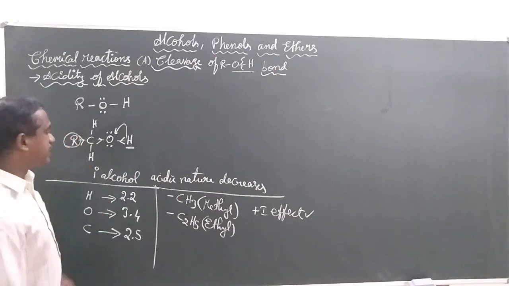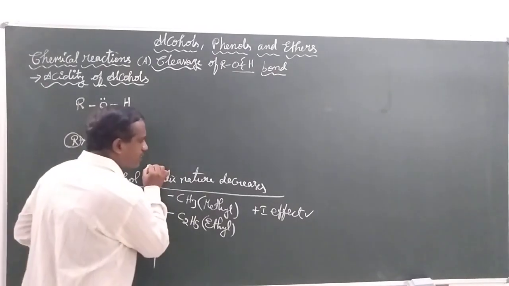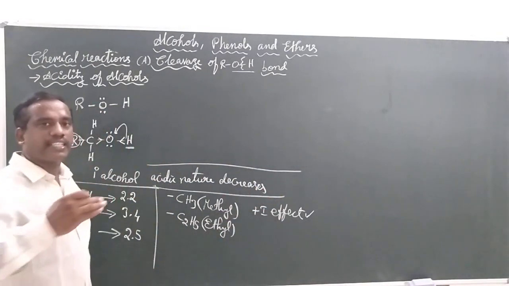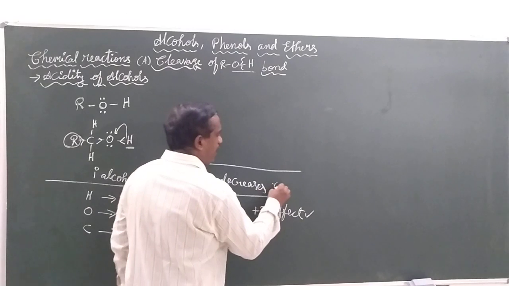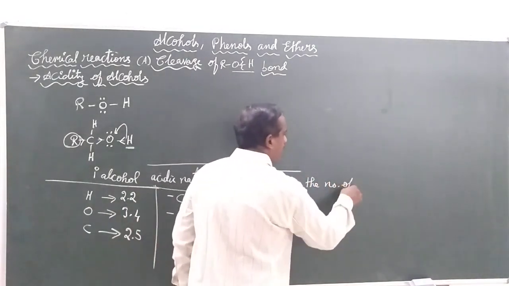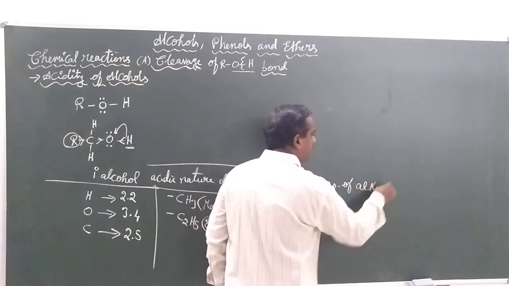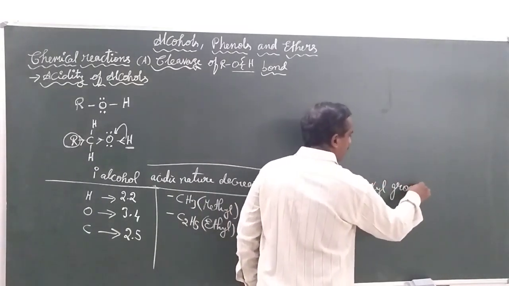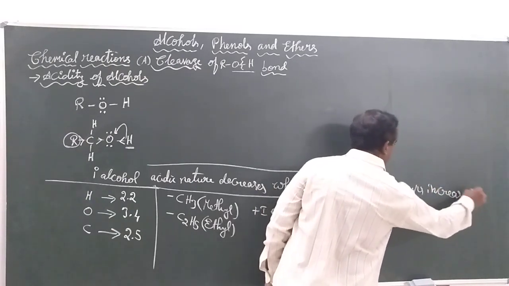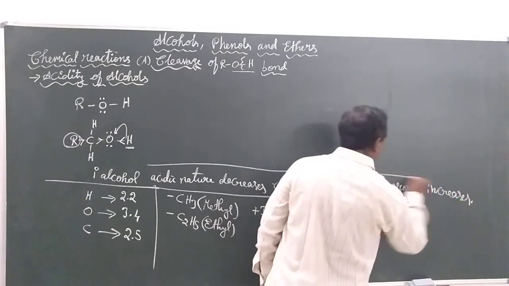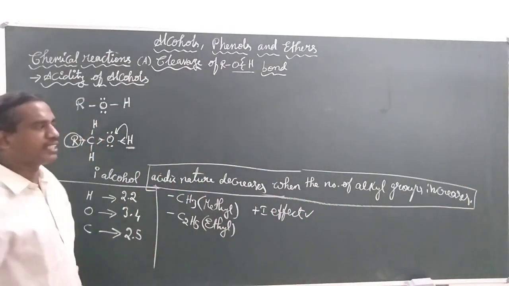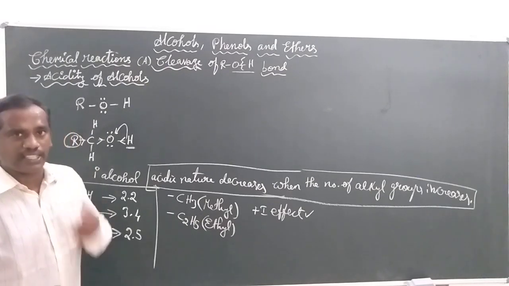The key point is, acidic nature decreases when the number of alkyl groups increases. This is the main point to note.